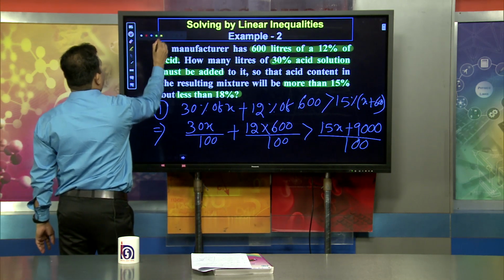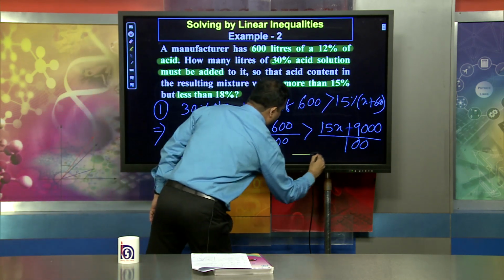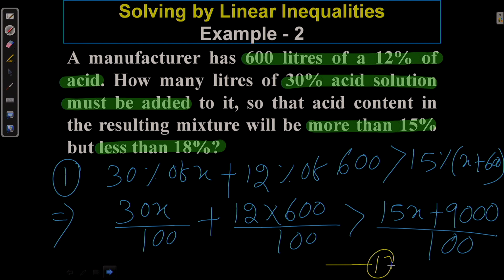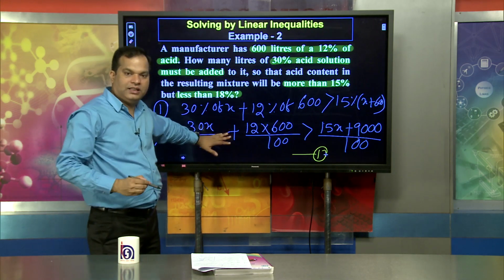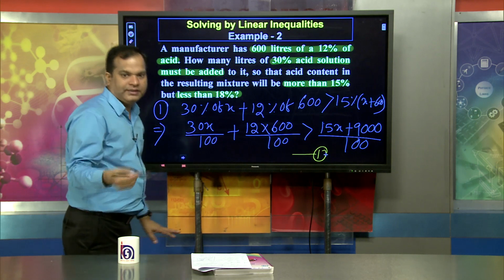Simply I can say this is inequality 1. Now, we have to solve the first linear inequality, then we come to the second part.